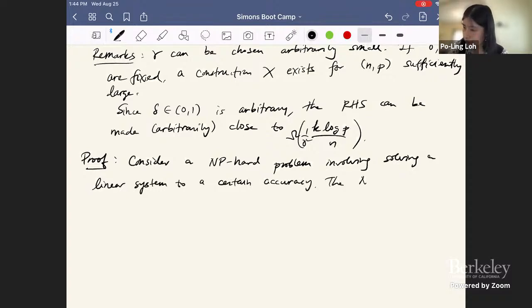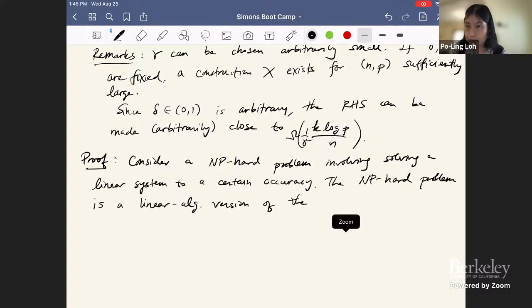And the NP hard problem is a linear algebraic version of the exact 3-set cover problem.